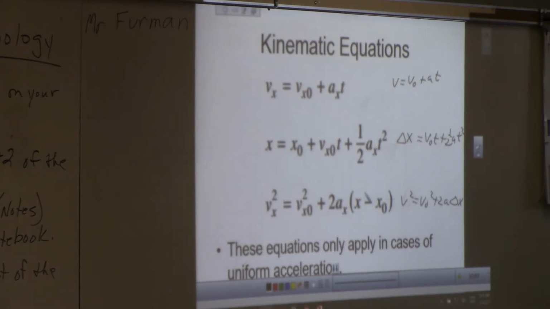This is the official formulas you'll see on the AP formula sheet. Yeah. And they list x and x naught, the final position and the initial position. I always just use delta x, and I've never run into any issues. Yeah, I do that too. Because typically a problem can say it starts at 2 meters and it ends up at 10 meters. Yeah. It'll say it travels the distance or displacement of 8 meters.